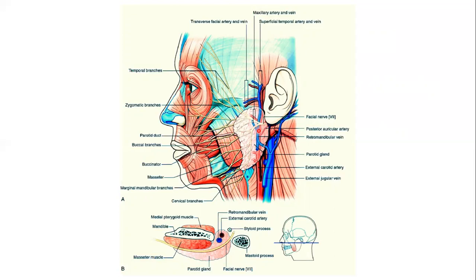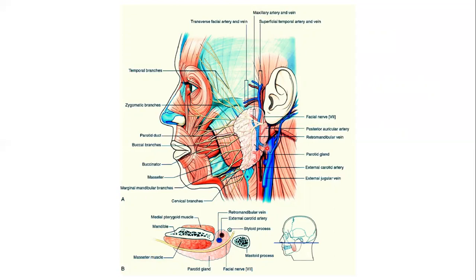So how is this retromandibular vein formed? By the union of the maxillary vein with this vein, which vein? The superficial temporal vein. These two form the retromandibular vein.